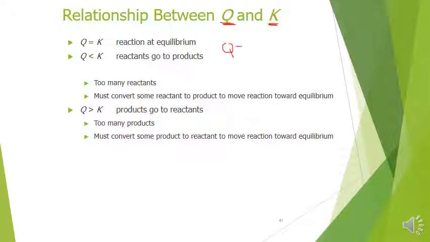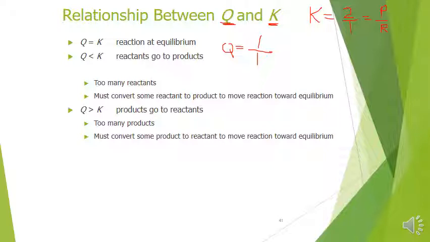So let's say the equilibrium K is 2. Okay, 2 over 1, which means for every reactant there's two products, so the reaction favors product. So let's say that Q is equal to 1.